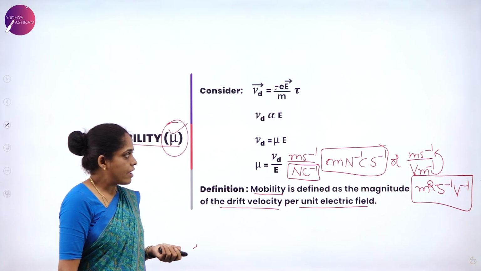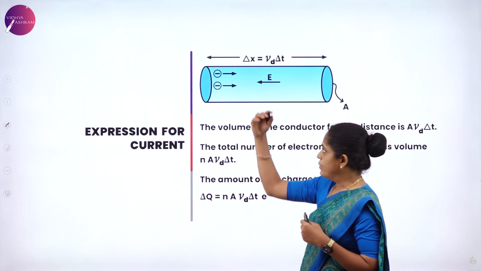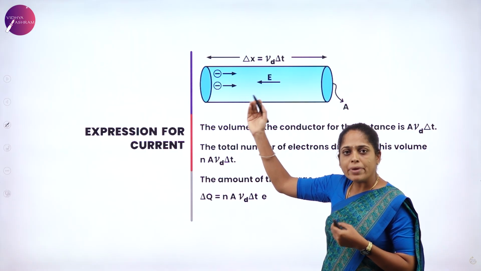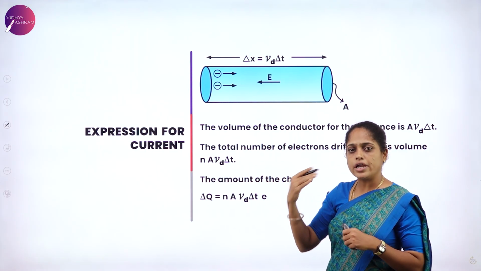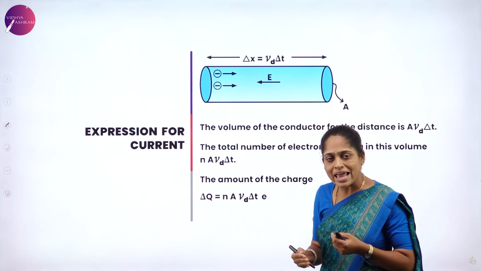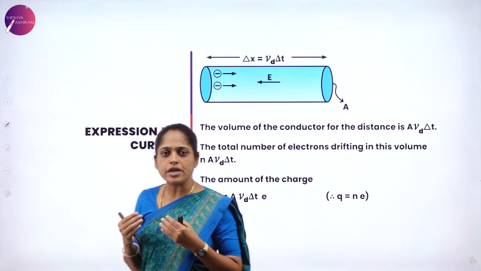The next derivation is the current. You know that before connecting to the battery, in the conductor there is no current. After connecting to the battery, all electrons drift towards the positive terminal of the battery.